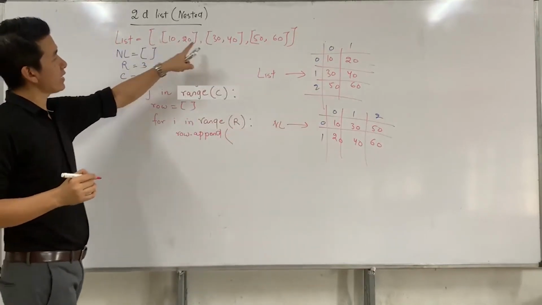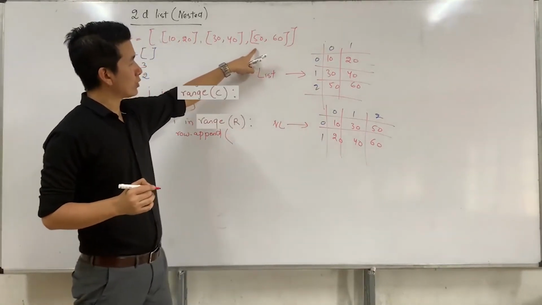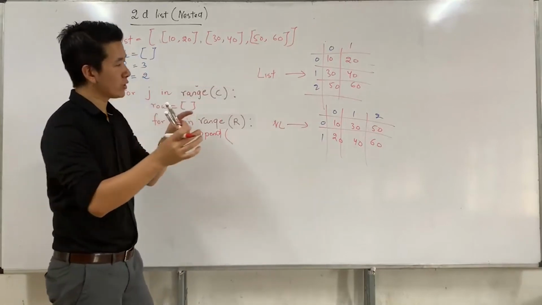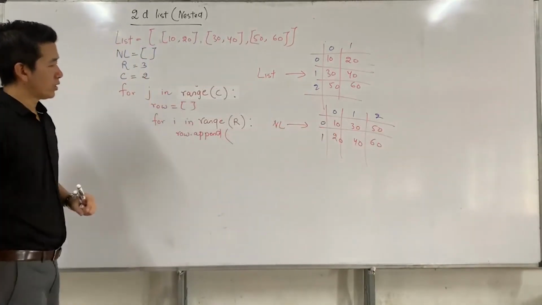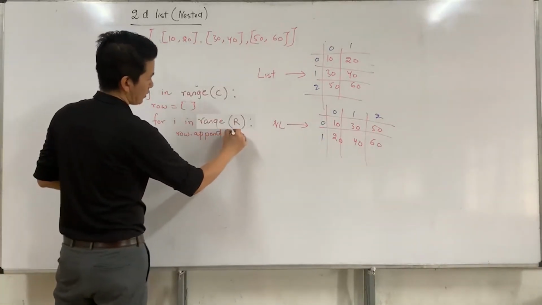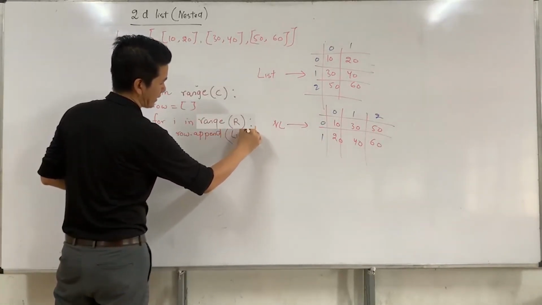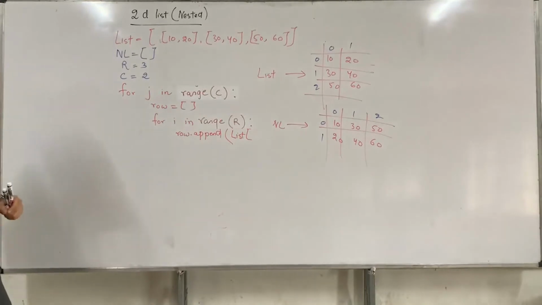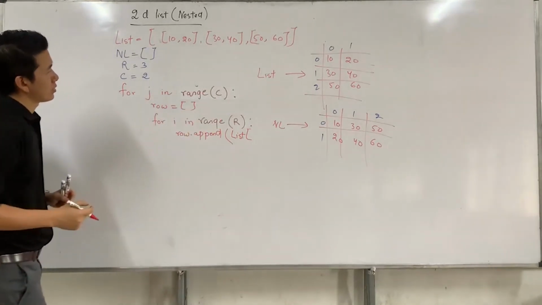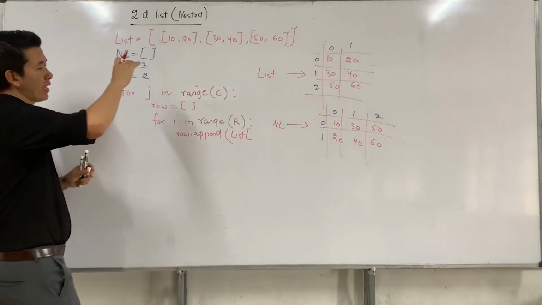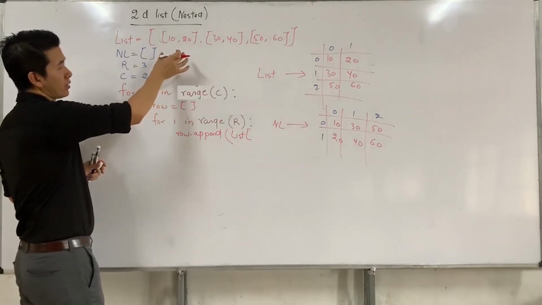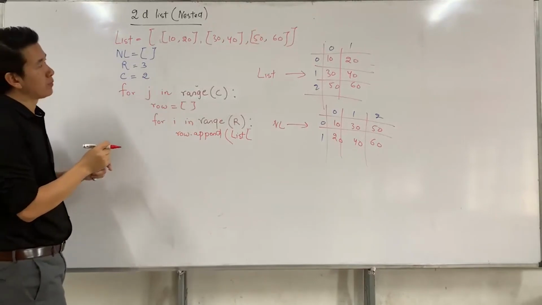I need to pick up 10, 30 and 50 so that these three values become the first element of the new list, right? So the name of the old list is list. And now what changes? Do you see a change in the row number and the column number?